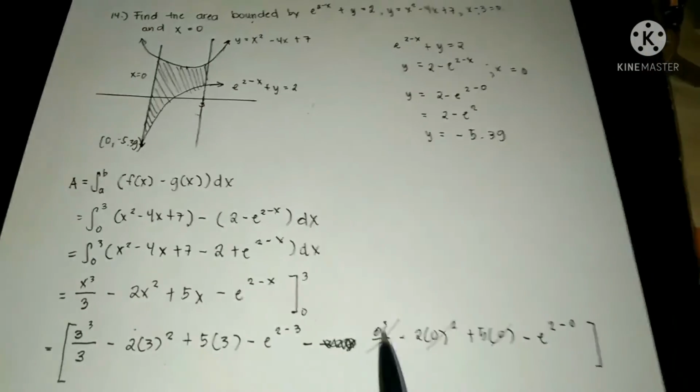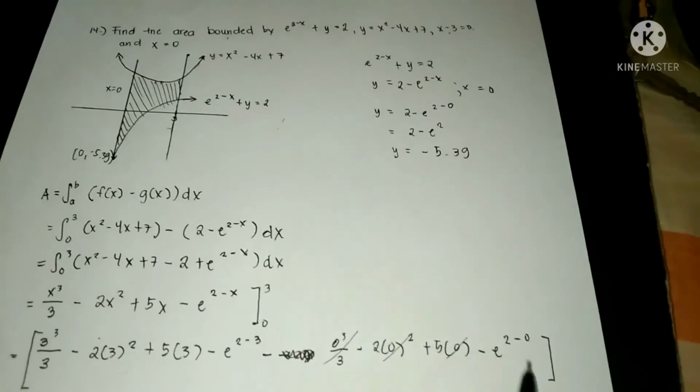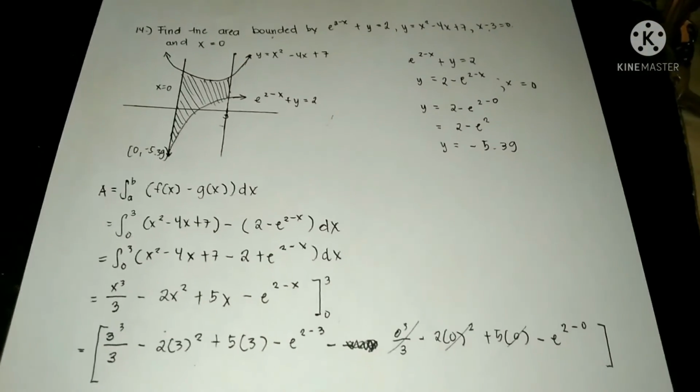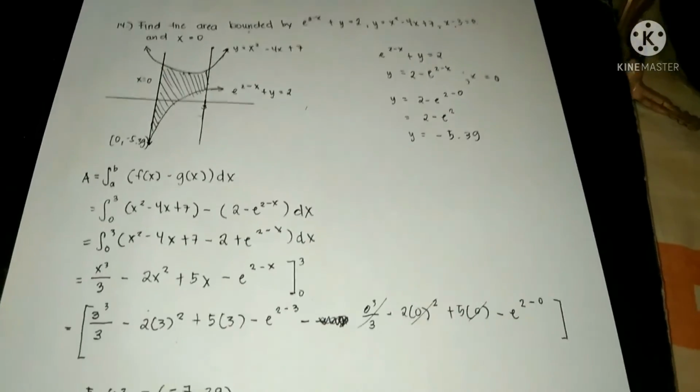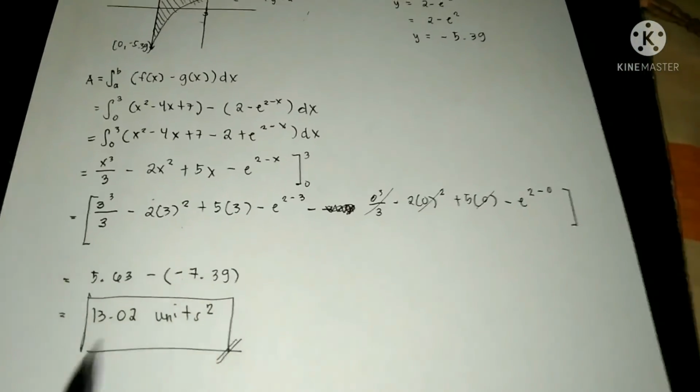So, makakancel ito, tatlo. So, matitira is ito, which is negative 7.39. So, 5.63 minus negative 7.39 is equal to 13.02 squared units. So, this is the final answer.